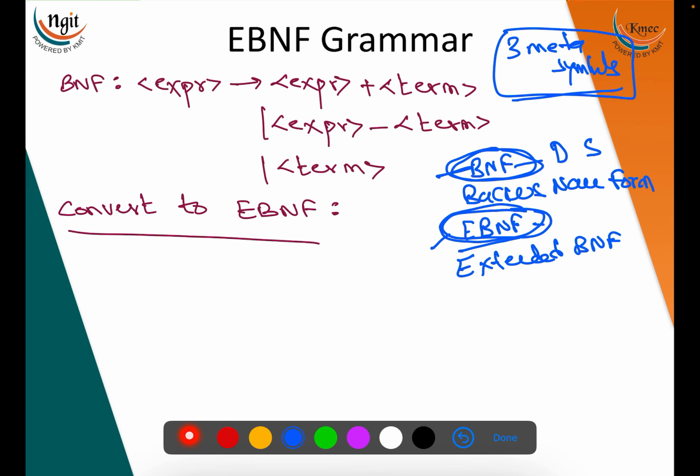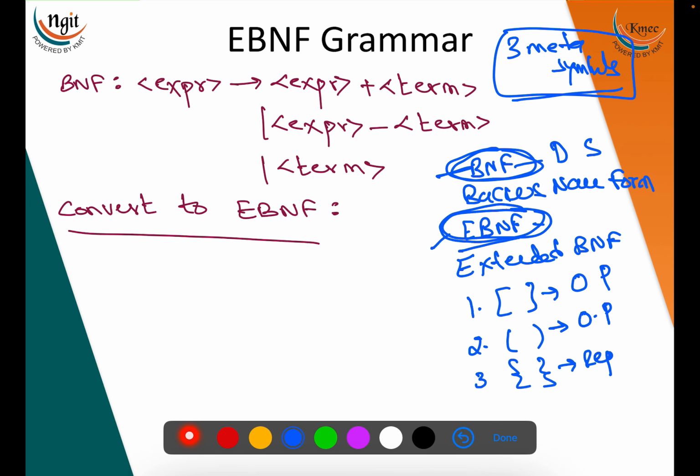The 3 meta symbols are: the first is square bracket, the second is parenthesis, the third is curly braces. The first is for the optional part, the second is for the operators part, the third is for repetitions.